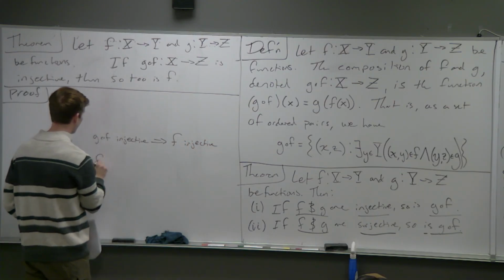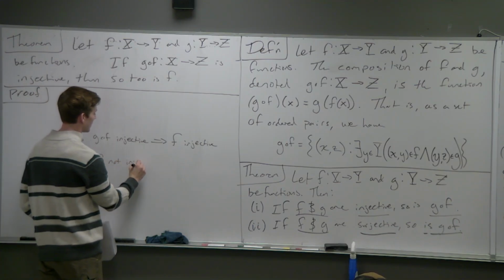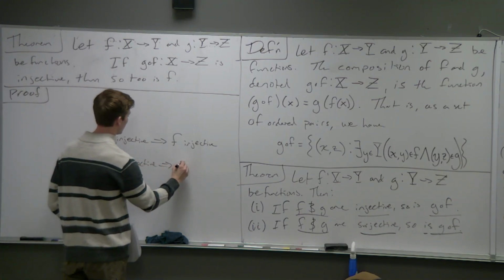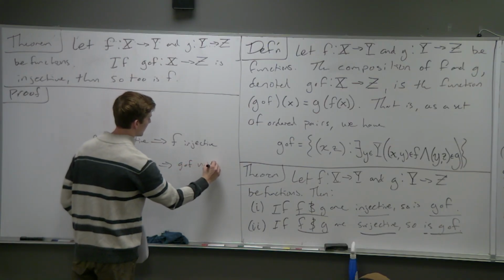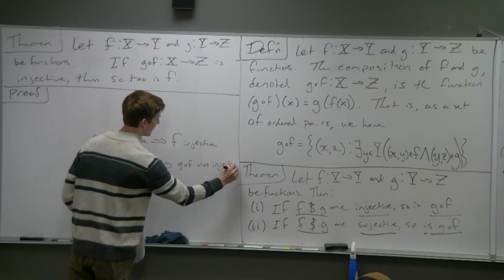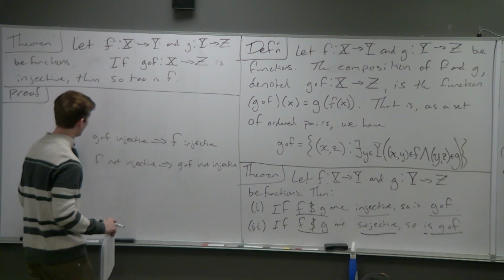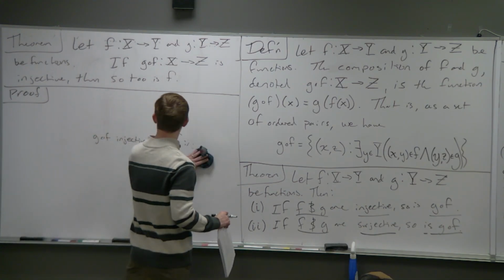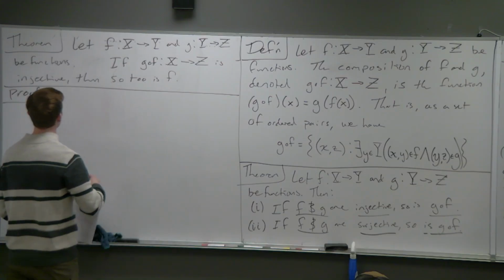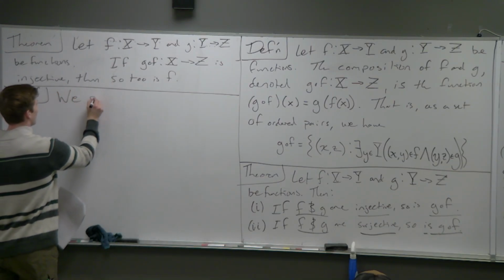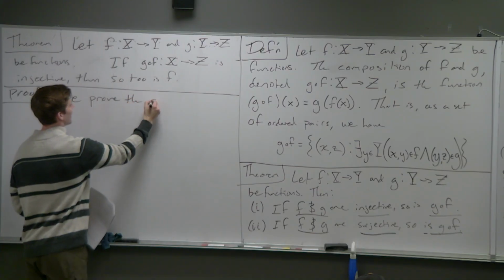So you're going to say f not injective implies g composed with f not injective. Reasonable. Let's do that. To be clear, we should start off by saying something like, we prove the contrapositive.